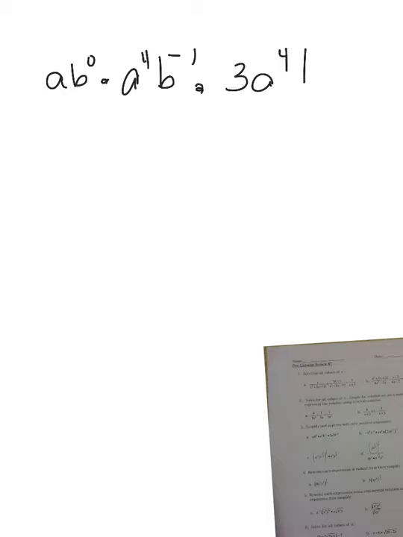So the first one is a b to the 0 times a to the 4th b to the negative 1 times 3a to the 4th b to the negative 3. All right, so remember when you multiply same bases, so all my a's here, we add the exponents. I have this 3 here, so I'm just going to bring down that 3.